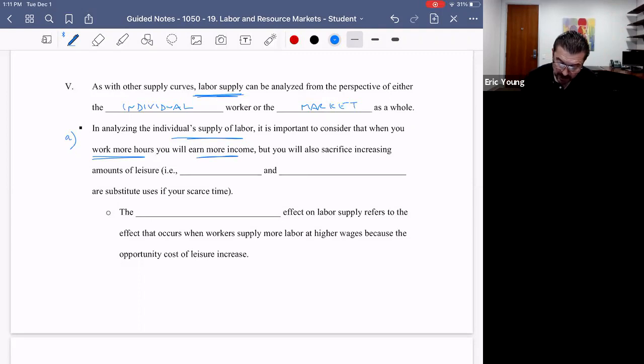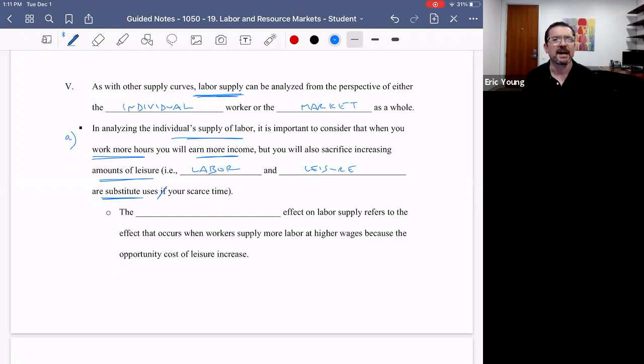But at the same time, you will be sacrificing increasing amounts of leisure. Okay. In other words, we believe in economic theory that labor and leisure are effectively substitutes. Substitute uses, sorry, of your scarce time.